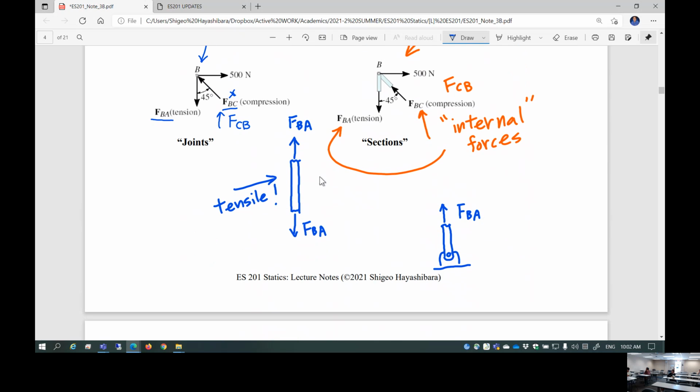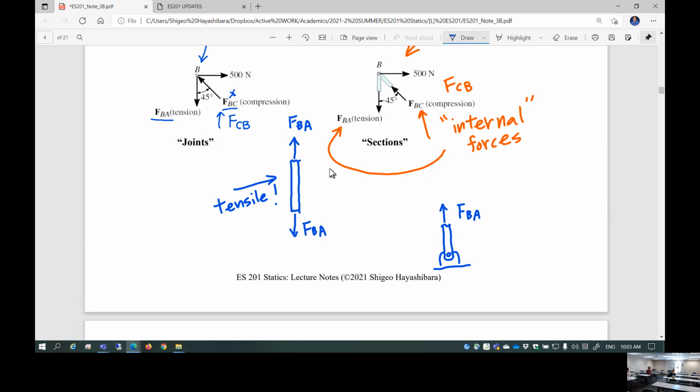That's what it looks like. So this is the tensile force developed inside. So this is the internal force, tensile. This is quite important for solid mechanics because you need to understand whether this member is under tensile or compressive. This is going to be important information to determine internal stress.